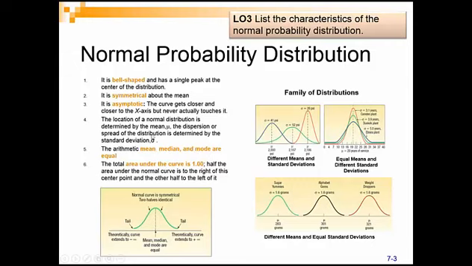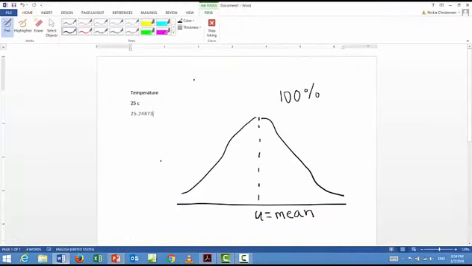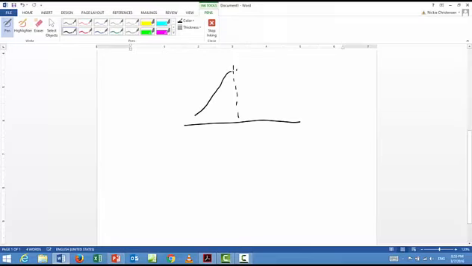Let's go back to characteristic 4 and talk about that a little bit. The dispersion of a normal distribution is determined by the standard deviation. So let's look at this. I will draw 2 normal distributions. Let's say these are exam 1, and this is class BUO1.